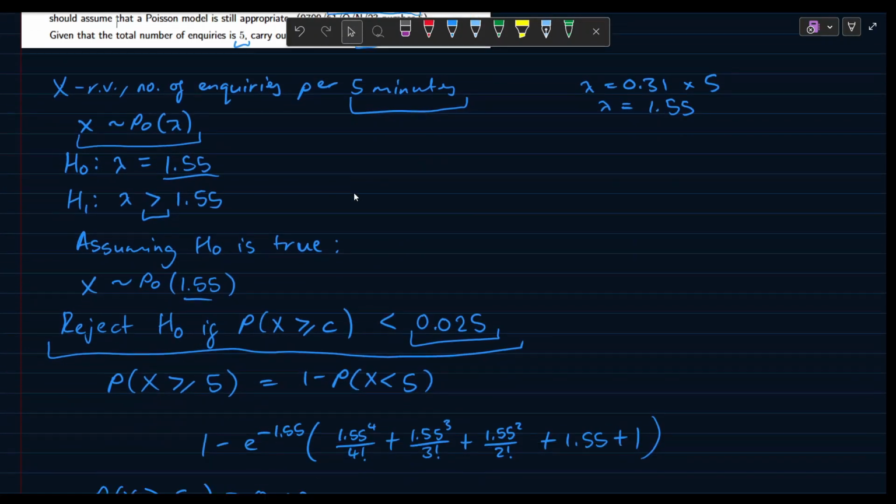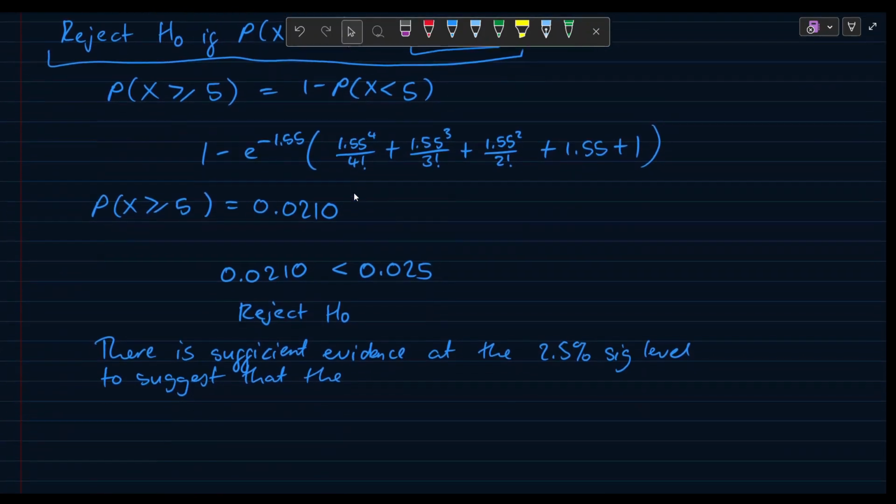So according to our test, we have to reject H naught. H naught was saying that lambda has remained the same. So if we're rejecting that lambda is still the same, it means lambda must have increased. So to suggest that the mean number of inquiries has increased. Okay, and this here would be our final answer.